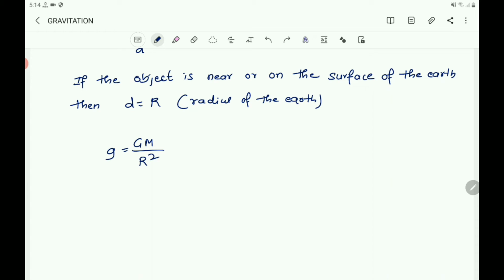You know that the earth is not a perfect sphere. As the radius of the earth increases from the poles to the equator, the value of g becomes greater at the poles than at the equator. For most calculations, we can take g to be more or less constant on or near the earth, but for objects far from the earth, the acceleration due to gravitational force of the earth is given by the relation g equals G M by d square.